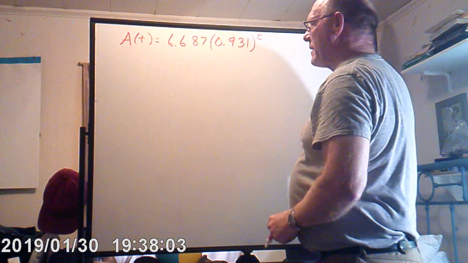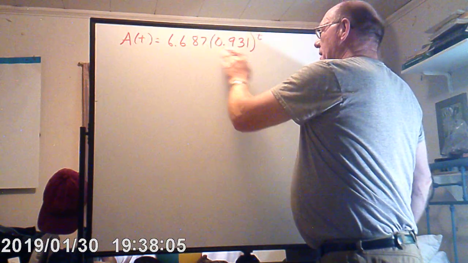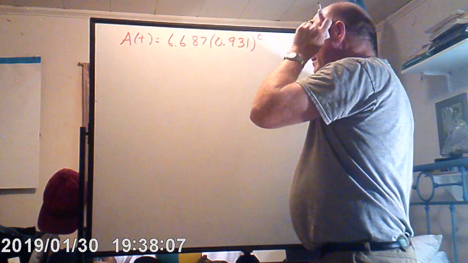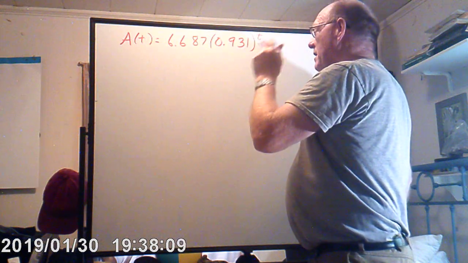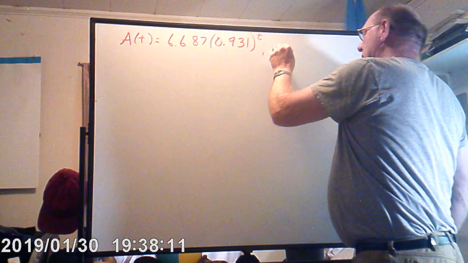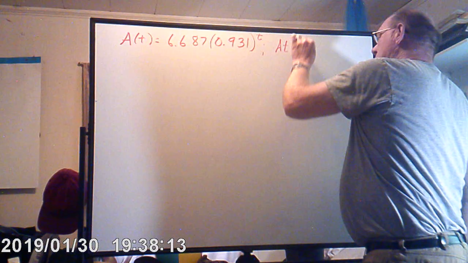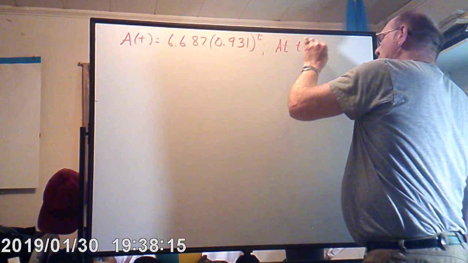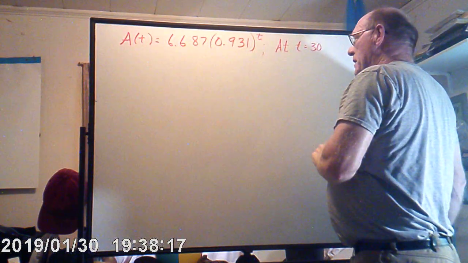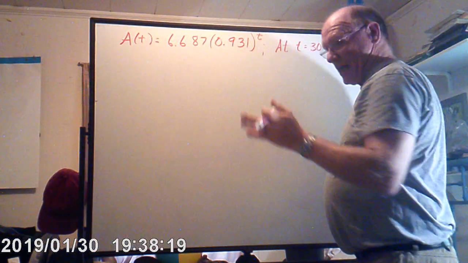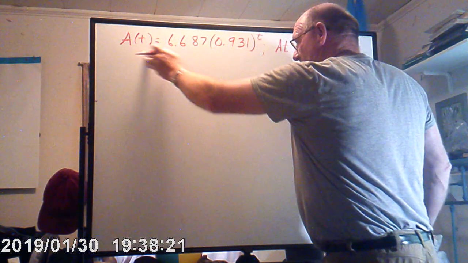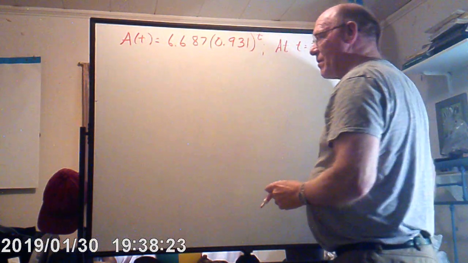At t equals 30, that would be our x, and this part right here would be y.